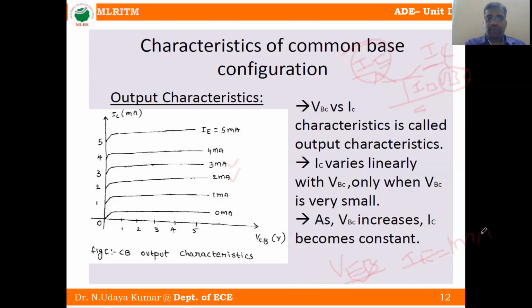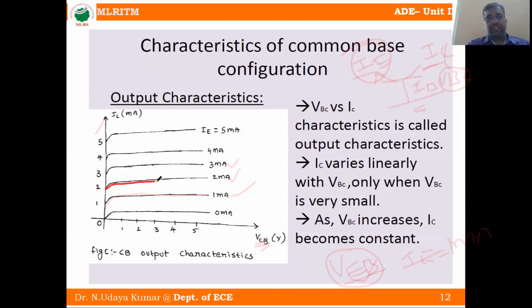After that, vary VCB and IC. Whenever VCB is varying, IC is also varying like this. Next, by varying VEB, you put IE constant at 2 milliamperes. Then you have to vary VCB again.